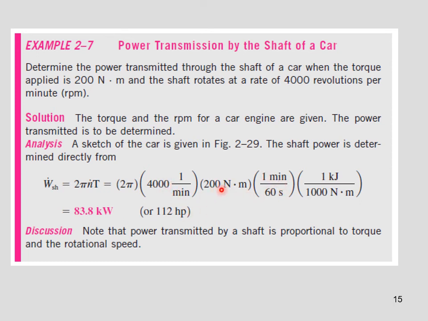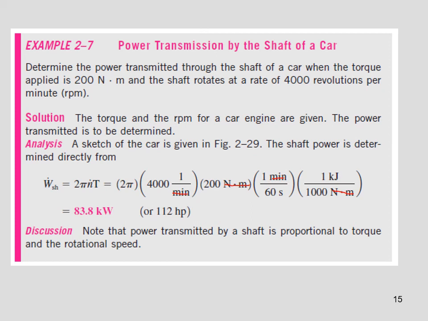Then we can plug in the 200 Newton meters here for the torque, but we also want to convert Newton meters to kilojoules. So 1 kilojoule is 1,000 Newton meters. So putting all this together, you have the Newton meters canceling. Let me get my pencil here working. This unit will cancel this unit. You have the minutes canceling the minutes.